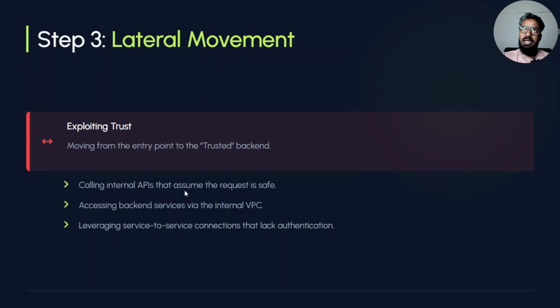Now they try to use it. They call an internal API. The API trusts the request because it comes from a known system. No extra validation, no strong verification, and just like that, they move to the next system.